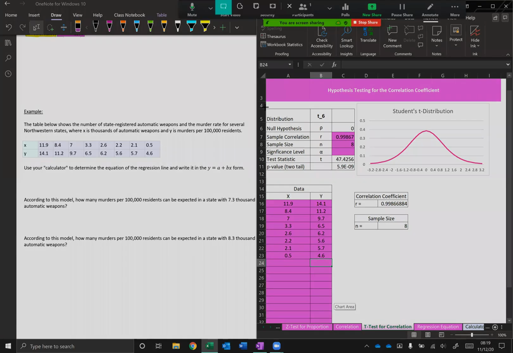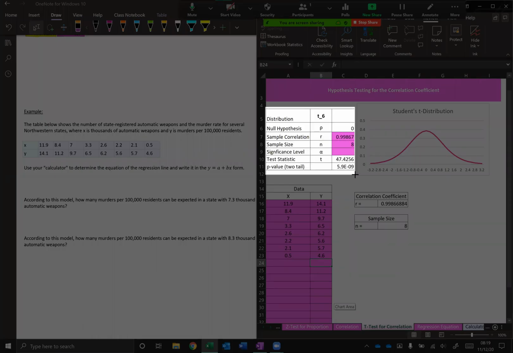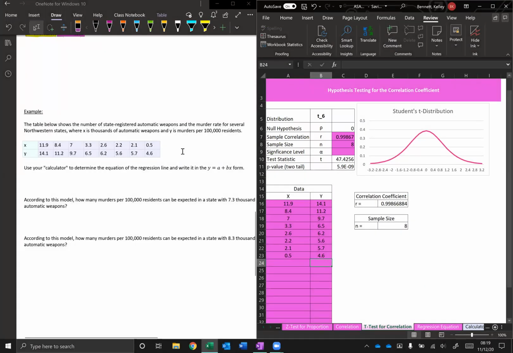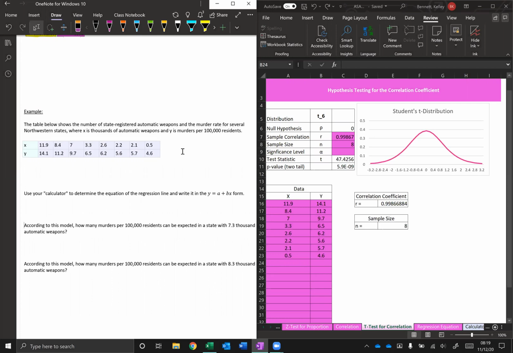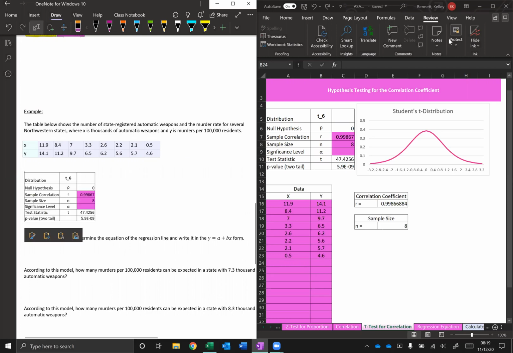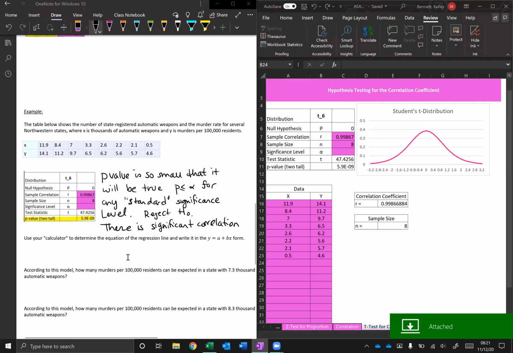So our p-value is essentially 0. So that's going to beat out any possible value that we could get for alpha. Since the p-value is so small, it's going to be less than or equal to alpha for any standard significance level. And so we're going to go ahead and say that there is significant correlation.